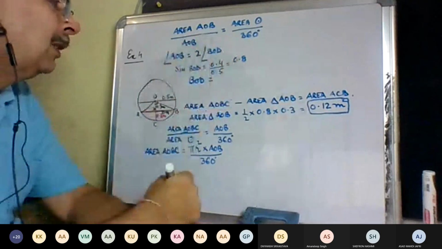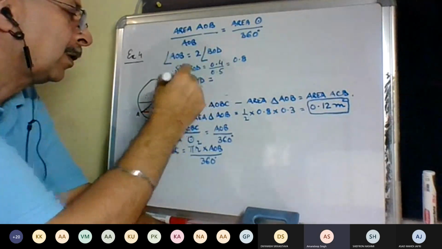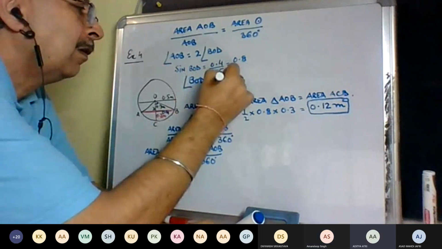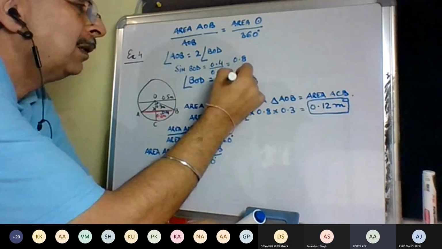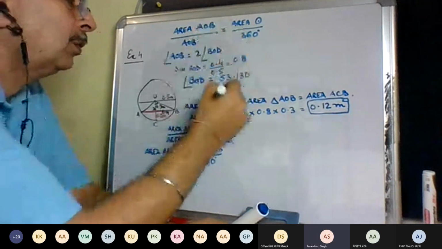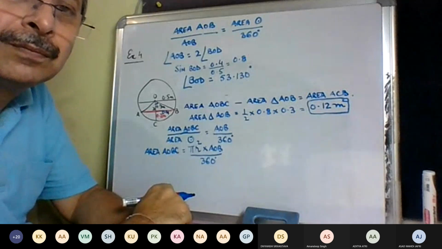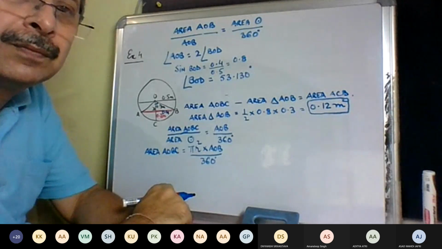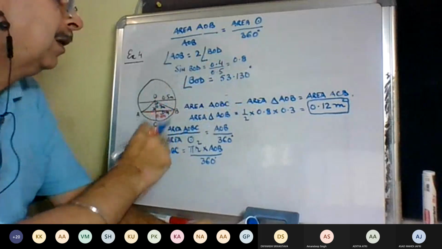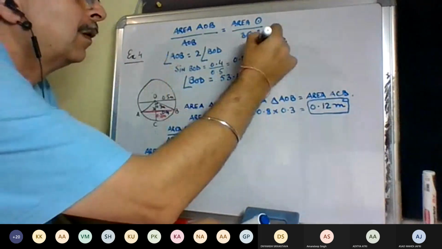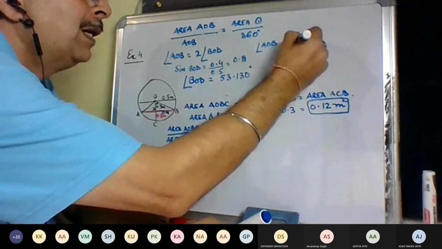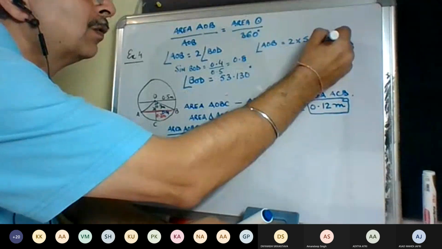What value does it come to? 53.130. This will be so many degrees. Yes sir, this is the angle BOD. I am interested in angle AOB. That will be twice of 53.130.